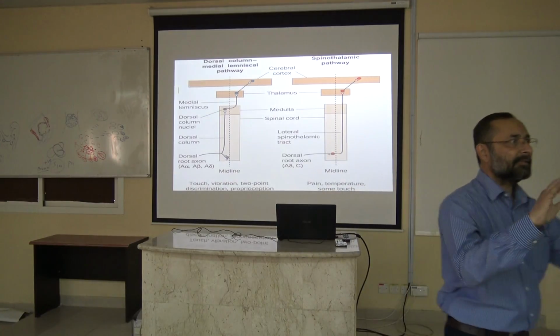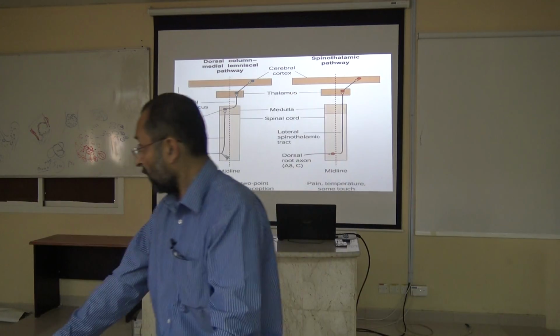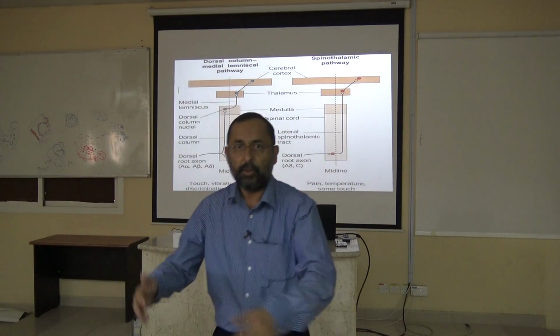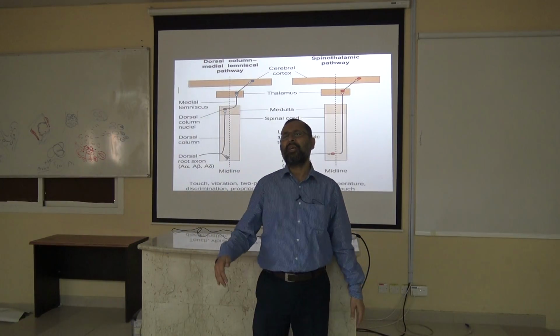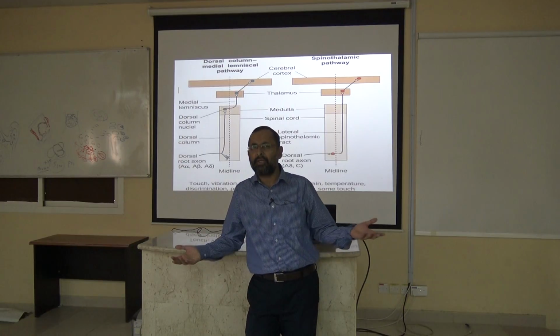So fasciculus gracilis and cuneatus, I will now give you the collective function of these because functions are the same. The only difference is that when I am talking about fasciculus cuneatus, your mind will go to the upper part. When I say I am talking about gracilis sensations, your mind will go to the lower limb or the lower part of the body. I am talking about the functions of the right fasciculus gracilis. So what am I talking about right now?